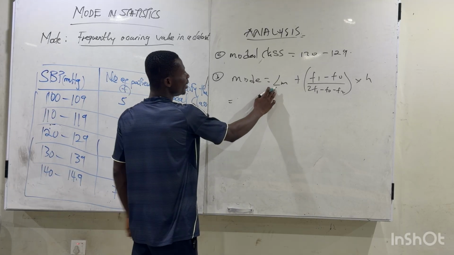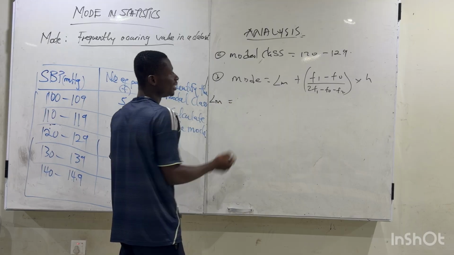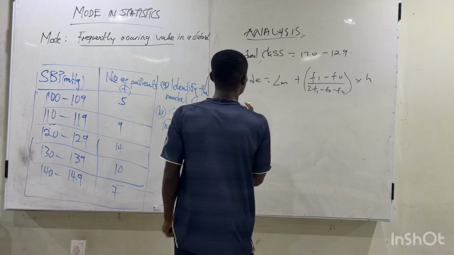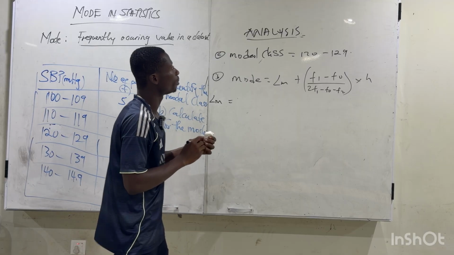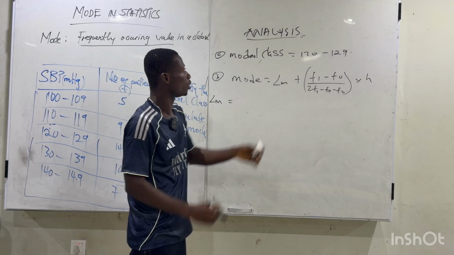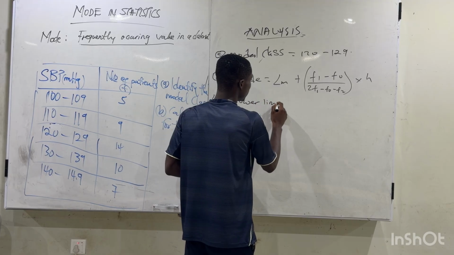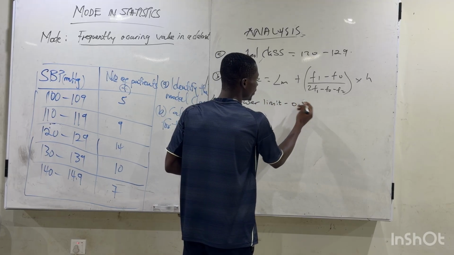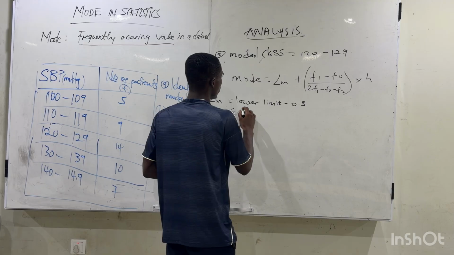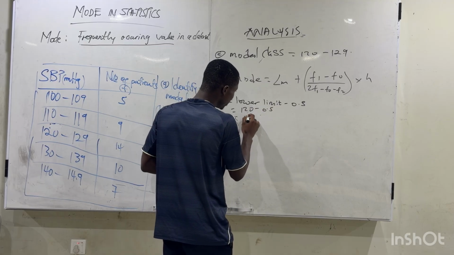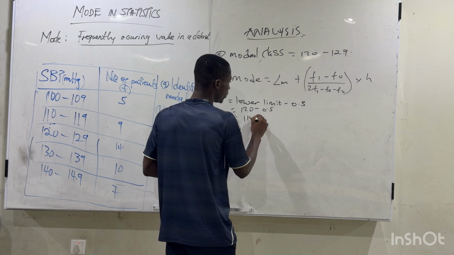So the lower class boundary, to get it, we're going to subtract 0.5 from the lower limit. So you have lower limit minus 0.5. So I'm going to have 120 minus 0.5, then we get 119.5.